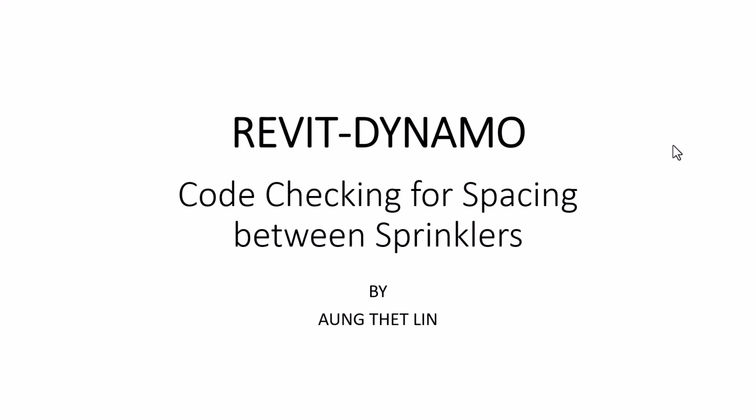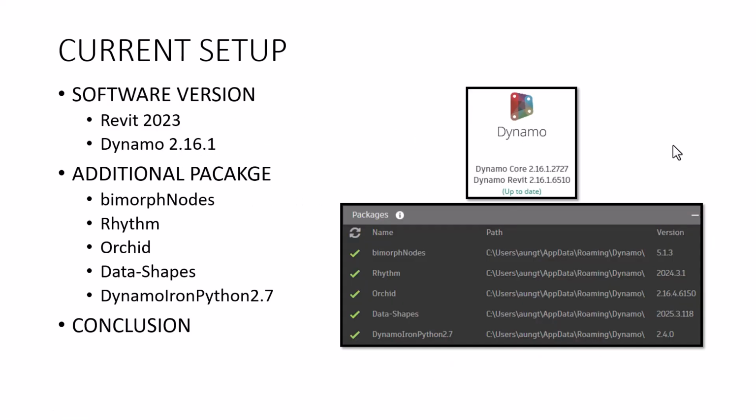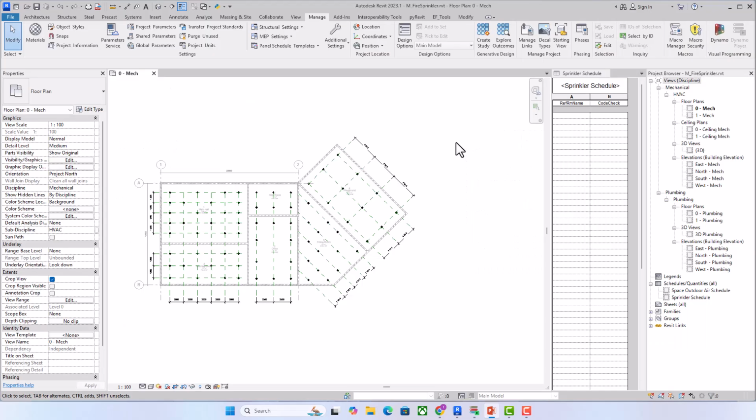To do that, we might need additional packages such as BimorphNodes, Revit Orchid, and data shapes, and we also might need Dynamo Python 2.7 because currently we will be using Revit 2023. Okay, now we are going to jump back to Revit.